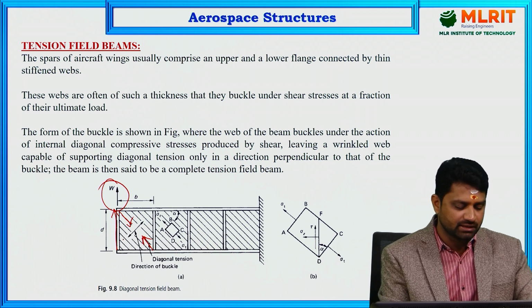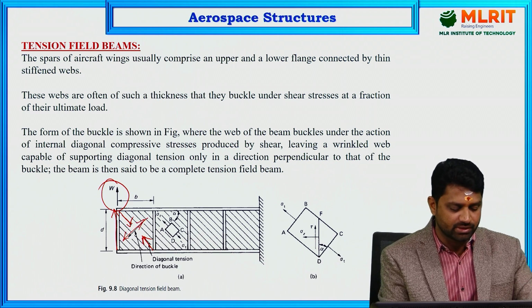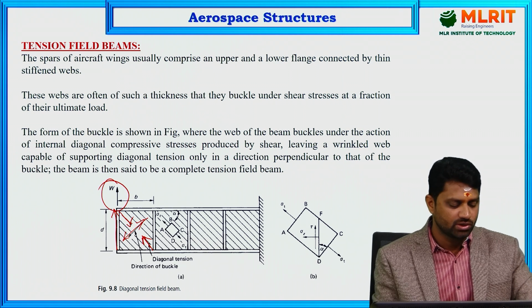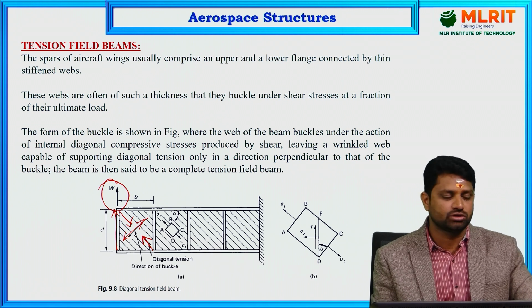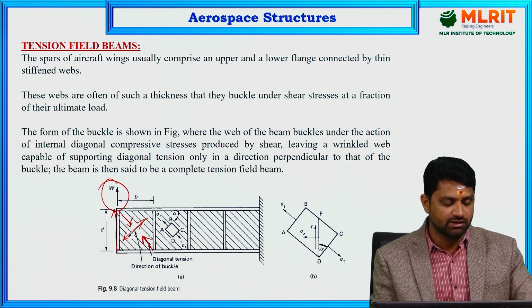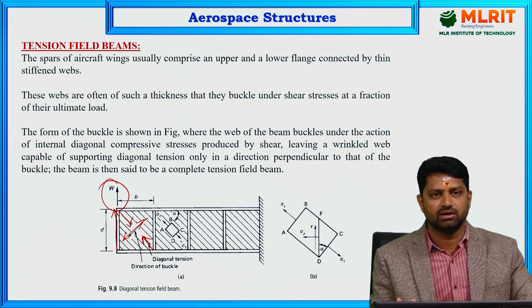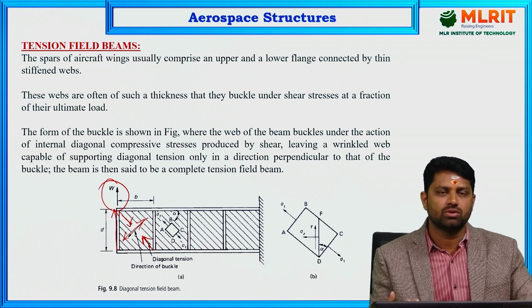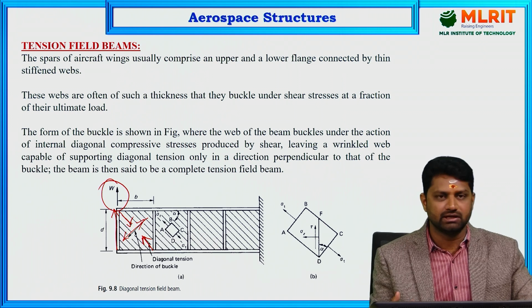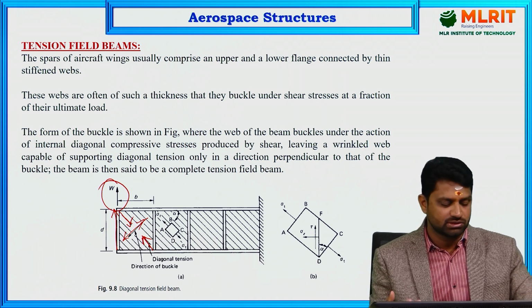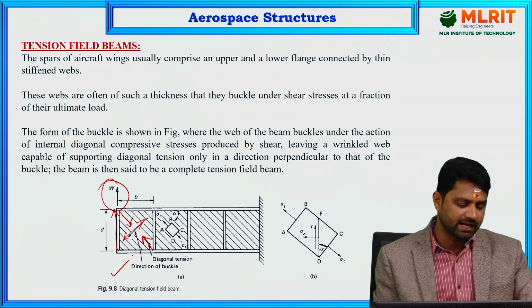The direction of buckle is shown here. This is a very important topic, tension field beams, in which we can clearly see, whenever load is applied on the beam, how buckling will happen and in which direction. All of that we can see through this diagram.